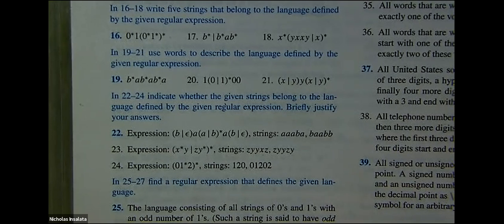So you have B stars interspersed between A's. Okay, so you have 3 A's with any number of B's in front of each of them. Okay, cool. So that's one way of putting it.